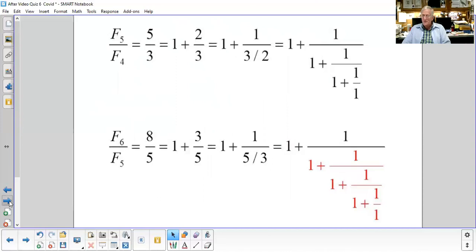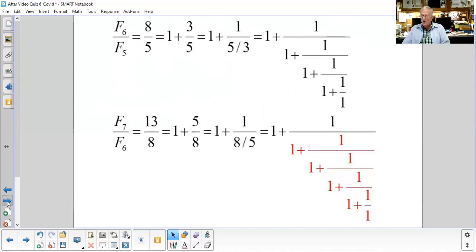So now if we leave that up here, and now we go to 3/5, which is the same thing as 1 over 5/3, and 5/3 is the reciprocal of 3/5. And so we end up putting all of this down here. And we just keep going doing that. 1 over 5/3, you see there.